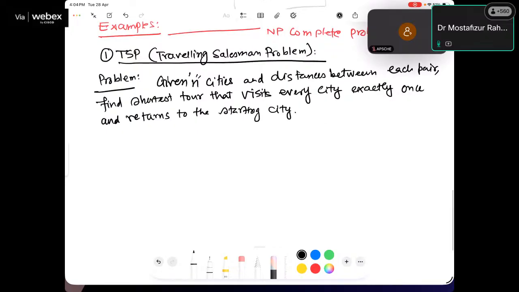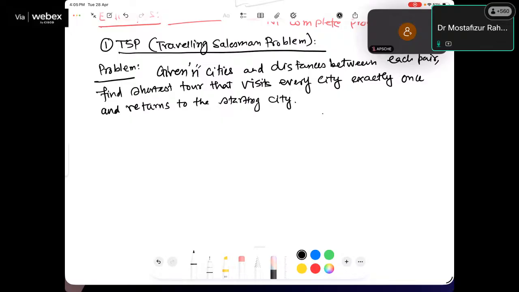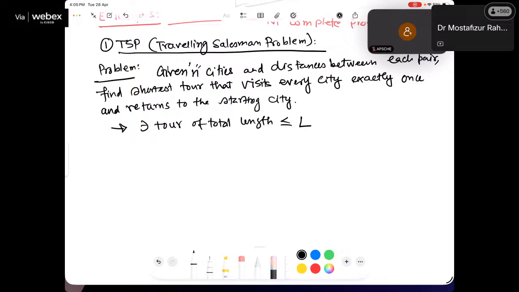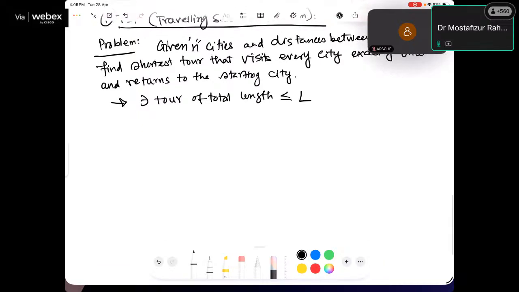So the decision problem is: is there a tour which has a length less than or equal to L, where you put a threshold L?